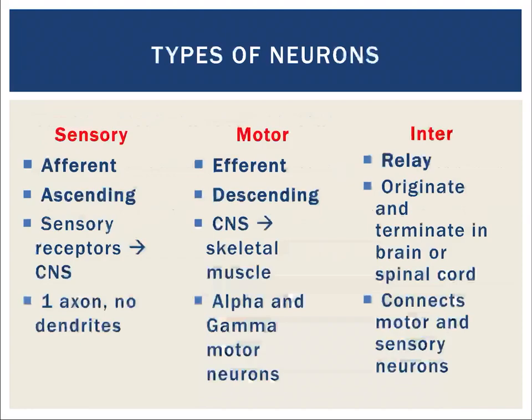On the other hand, we've got motor neurons, which are referred to as efferent neurons or descending neurons. They take information from the central nervous system to the skeletal muscle, which are often commands to contract skeletal muscle. And then finally, there are interneurons or relay neurons, which originate and terminate in the brain or spinal cord and connect motor and sensory neurons.